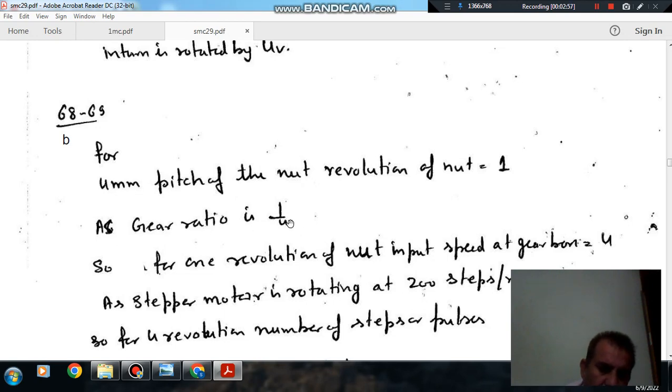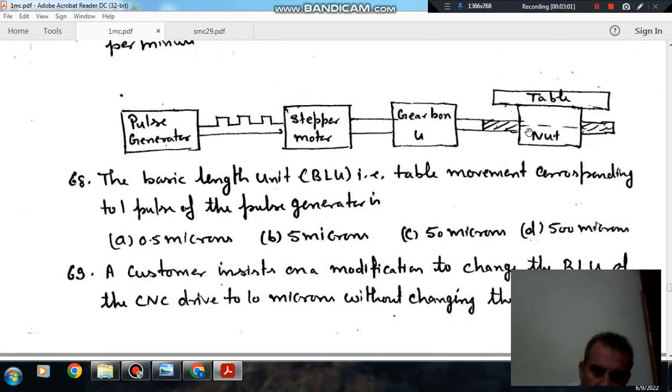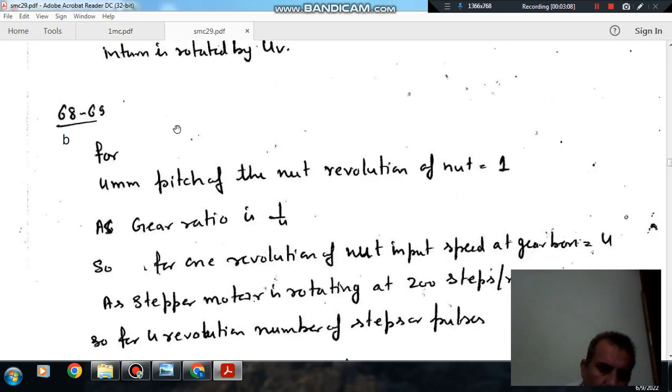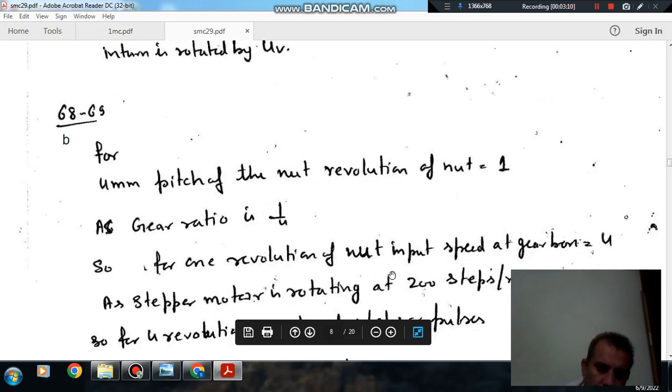As gear ratio is given as 1/4, if the rotation of the nut is 1, then the rotation of the stepper motor will be 4. Or for one revolution of the nut, the input speed at the gearbox will be 4.